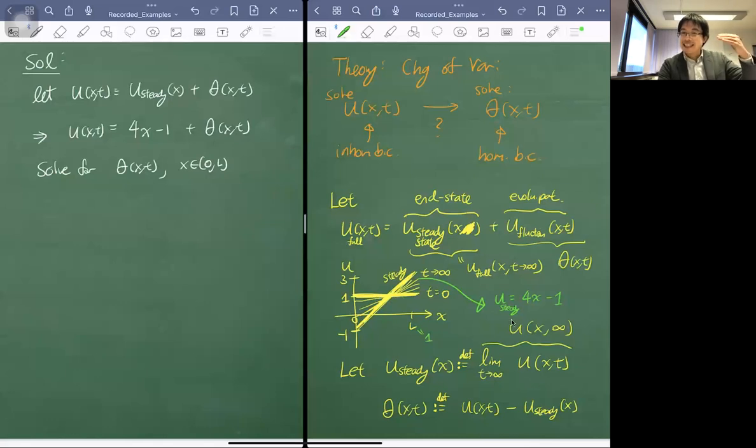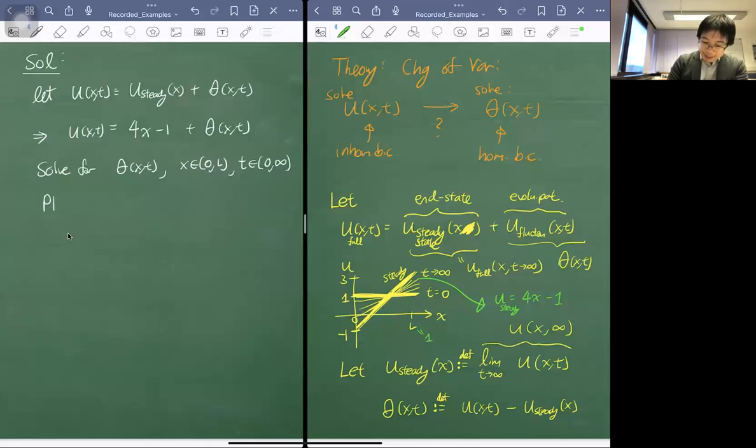So theta is like the delta, right? The fluctuation on top of the steady state solution. But of course, it behaves exactly between 0 and L. So this domain doesn't change. And time doesn't change. It still evolves from 0 to infinity.